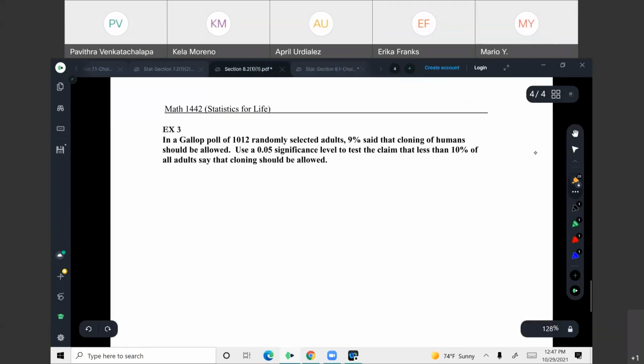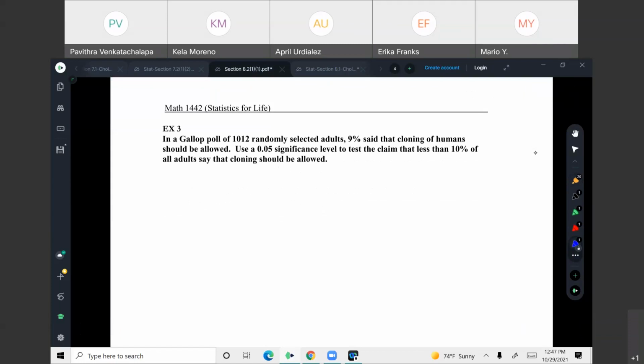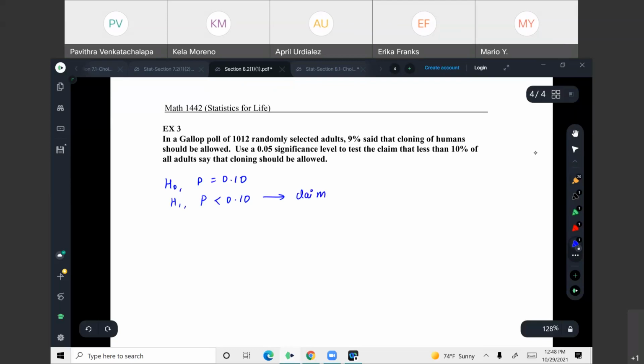Okay, so I will leave this example to you, but I will give you the final answer. H naught is p equal to 0.10 and H1 is your alternative hypothesis, p is less than 0.10, and that would be the claim here. And this is a left tail test because it is less than.